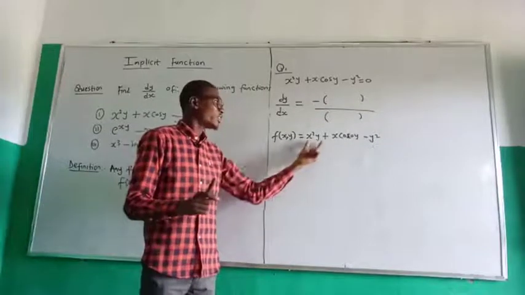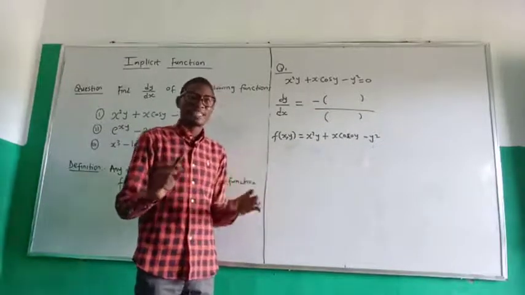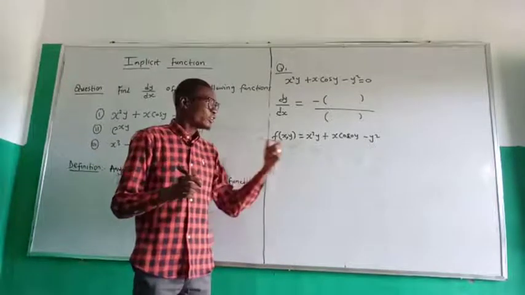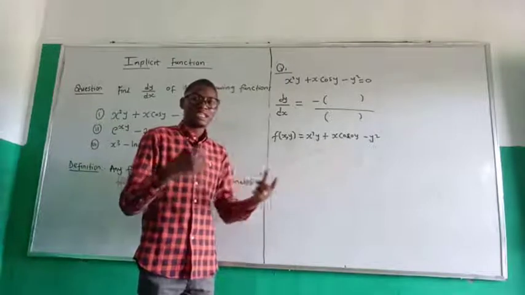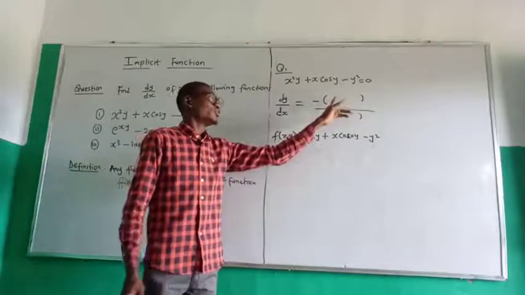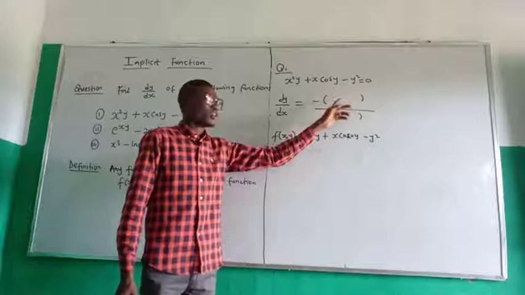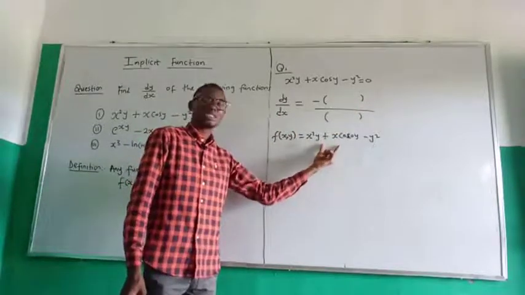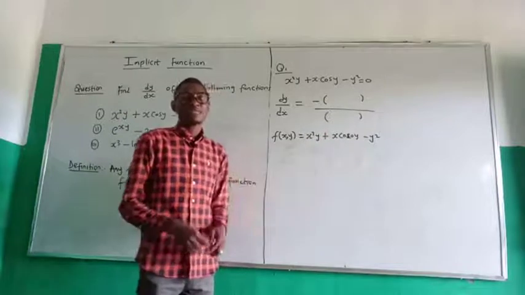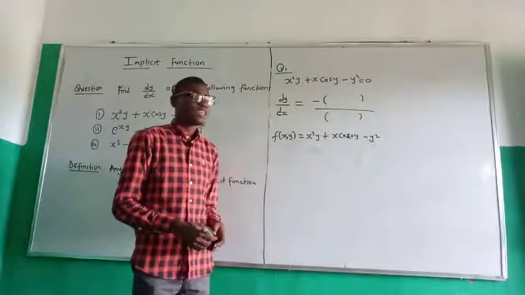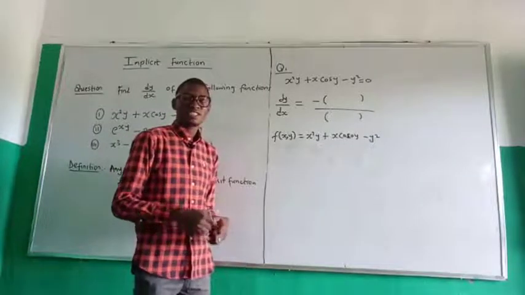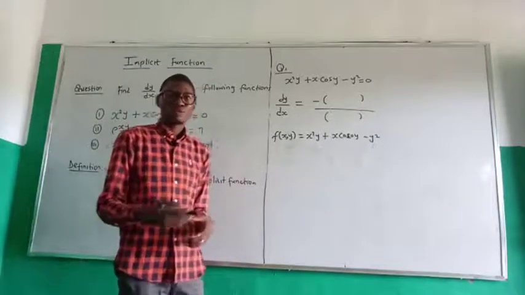So you differentiate this function with respect to x and you have to keep y as constant. And for the denominator function, you are going to differentiate this with respect to y and keep x as constant.